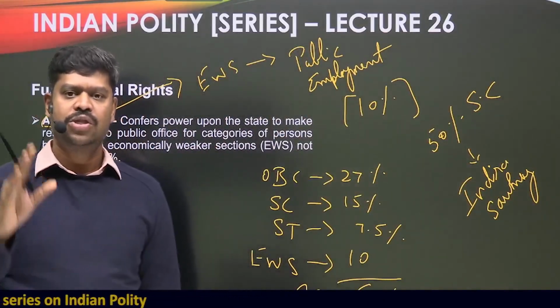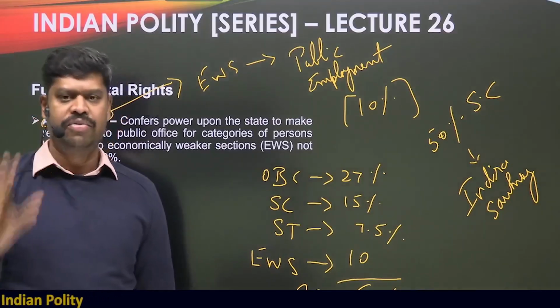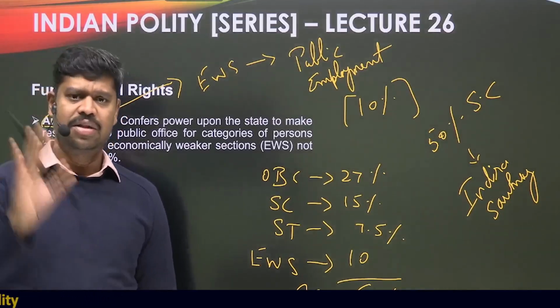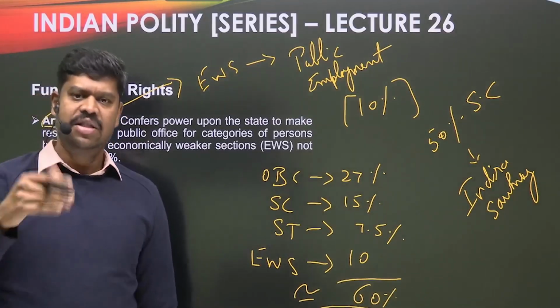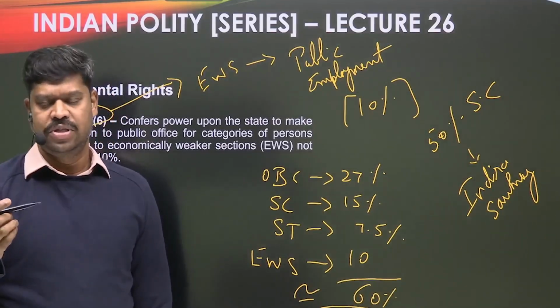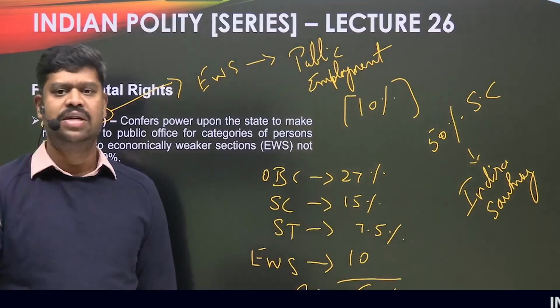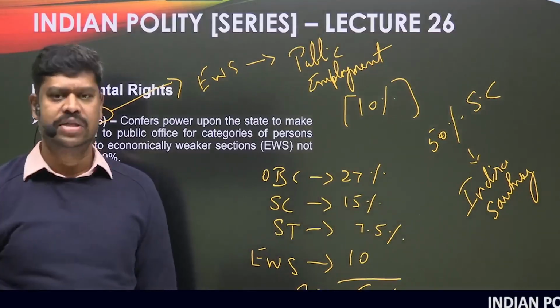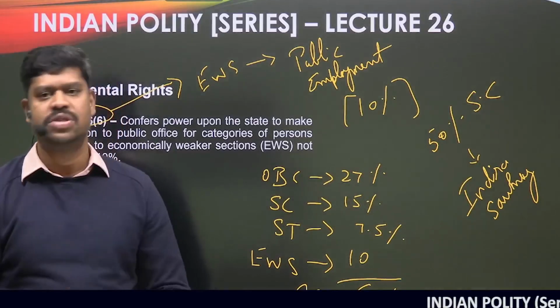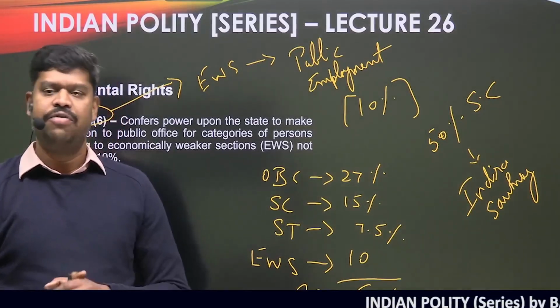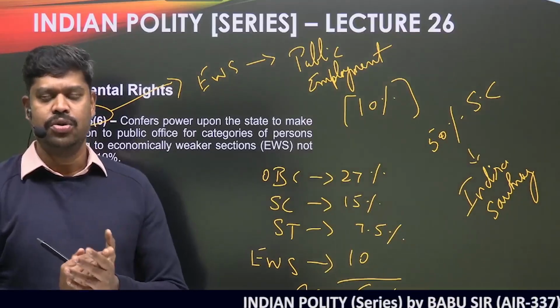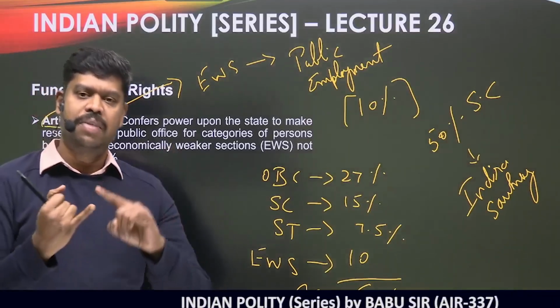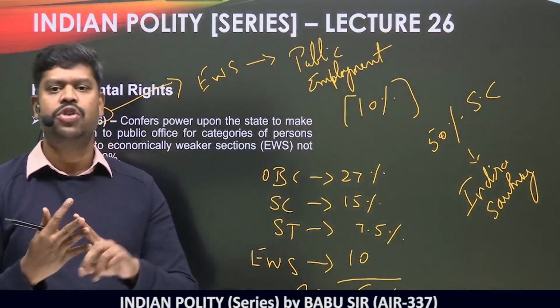However, the Supreme Court upheld the 10% EWS reservation. Because even in the Indira Sawhney case, the Supreme Court said the 50% rule is only a general principle. It doesn't mean that there are no exceptions. There can be exceptions to this 50% rule. And further, the Supreme Court said that this 50% rule is to be taken into account only for people from other backward castes, scheduled castes and scheduled tribes.